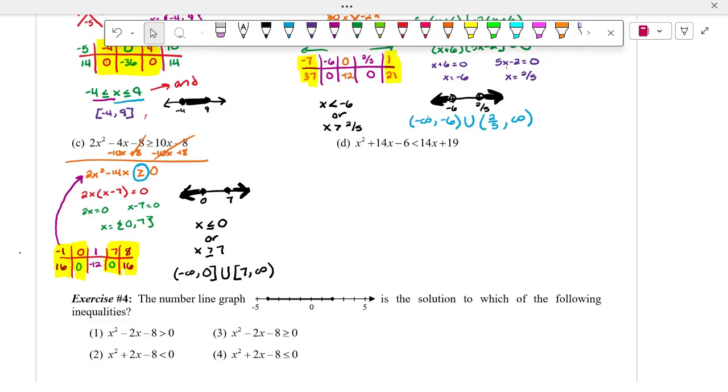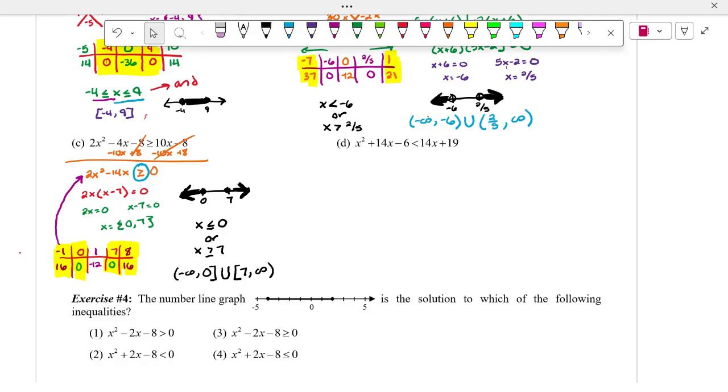So start by solving the inequality. Start by solving the equation first. Again, you don't necessarily have to solve by factoring if you don't want to.